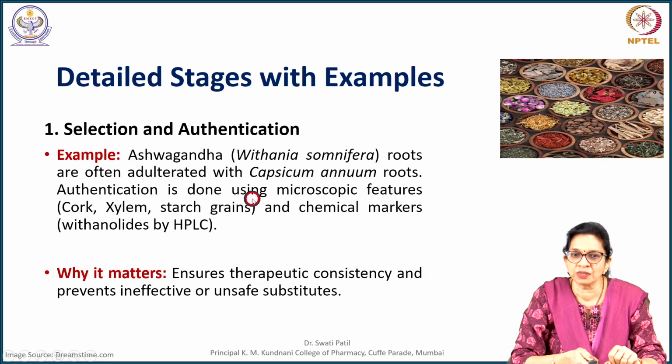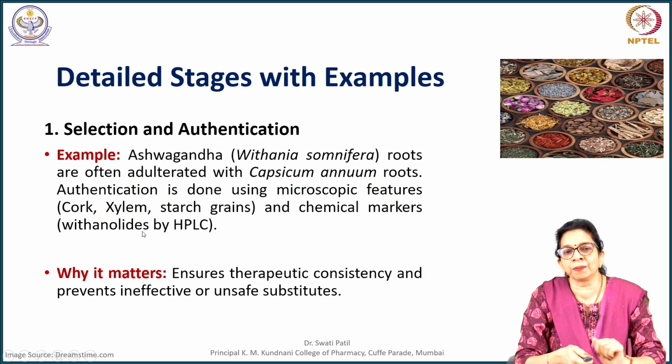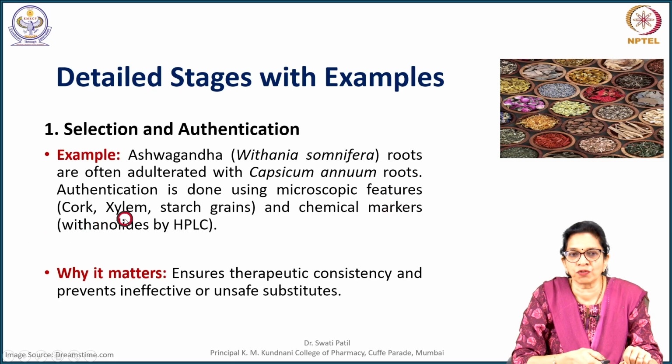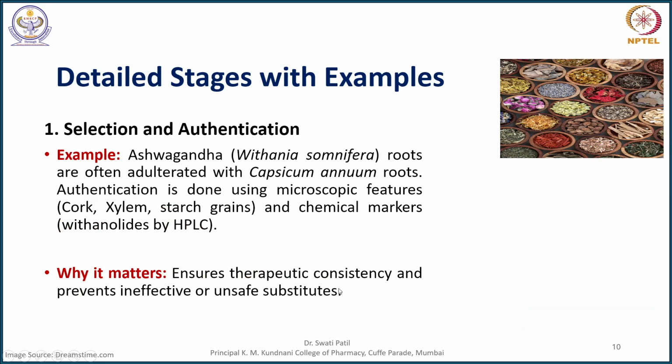So, authentication is done using microscopic features, for example, the identification of cork, xylem and starch grains, and identification of withanolides by high performance liquid chromatography. This is important because it ensures therapeutic consistency and prevents ineffective or unsafe substitutes.